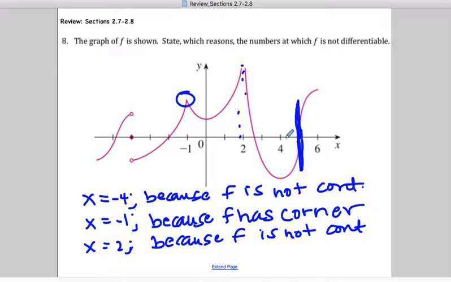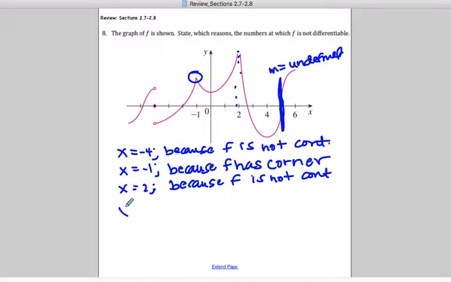That is what we call the vertical tangent. That is the hardest one I feel like for you guys to identify. If I was drawing my tangent lines, I would have a tangent line that's up and down. This line has a slope that's undefined. And if our slope is undefined, then we can't take our derivative because derivative is the slope of our tangent line. So at x equals 5, we can't do it because f has a vertical tangent.